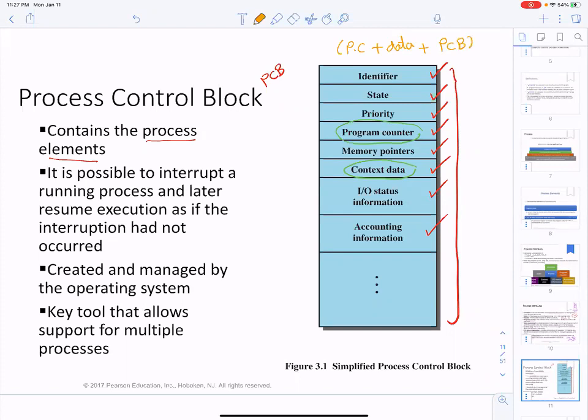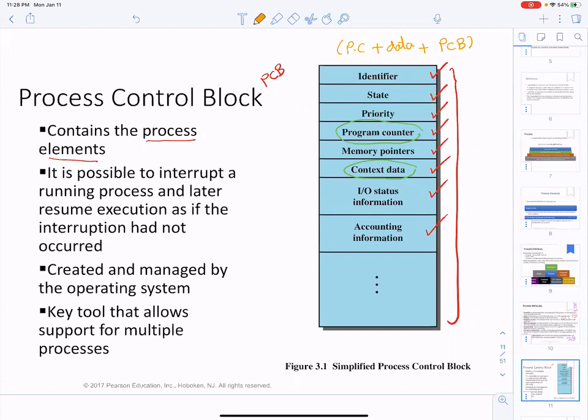And for a single processor computer, if I assume the simple case where we only have one processor in our system, at any given time at most one process is executing, and that process will be in the running state, by monitoring and observing the values in the process control block.